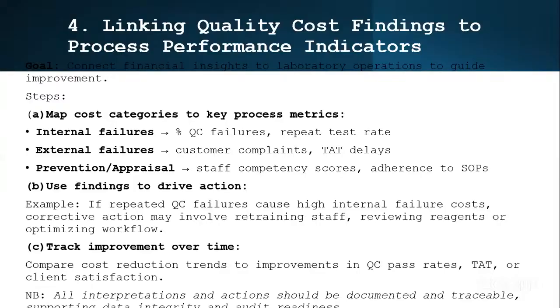So depending on the process that is contributing the highest to your category of cost, make sure that the finding that you have come up with, you actually use that to drive your corrective action. And I've given an example. If repeated QC failures cause high internal failure costs, corrective actions may involve retraining staff, reviewing reagents, or optimizing workflow. C, track improvement over time.